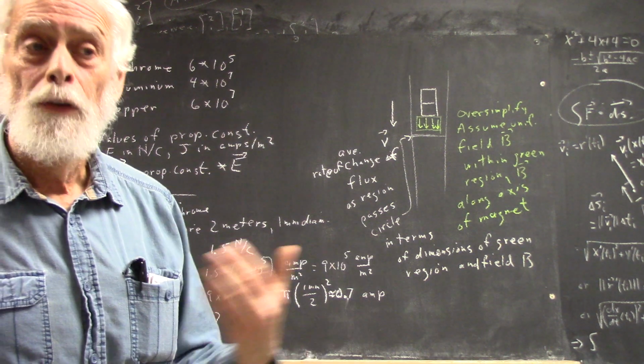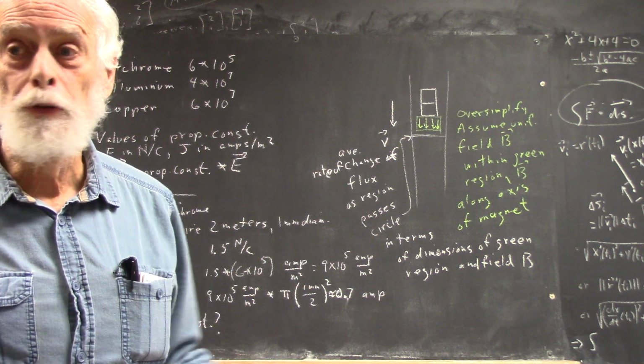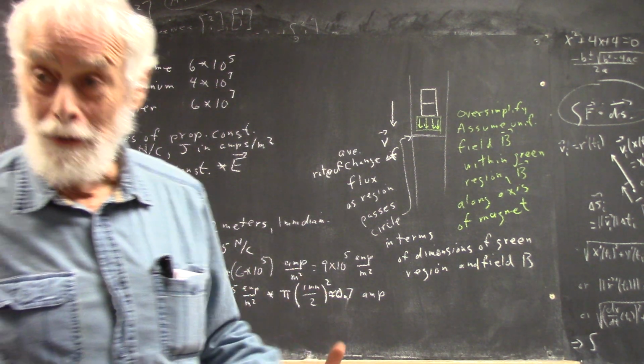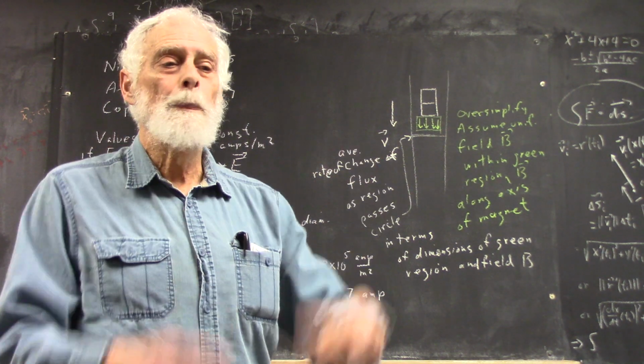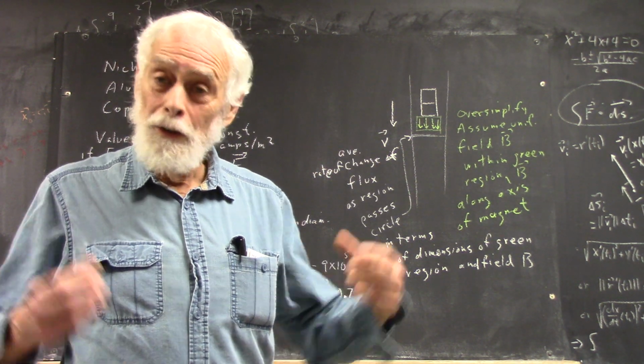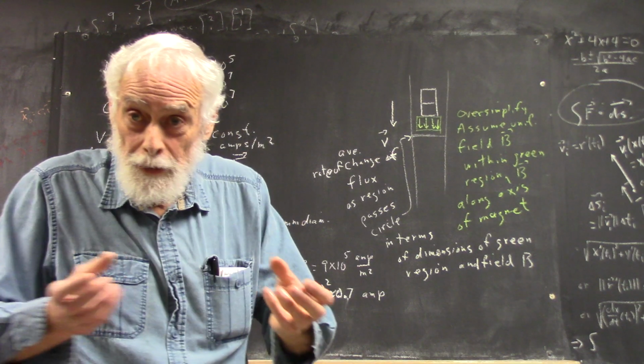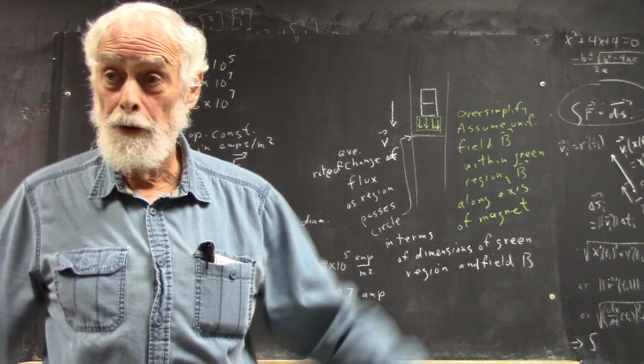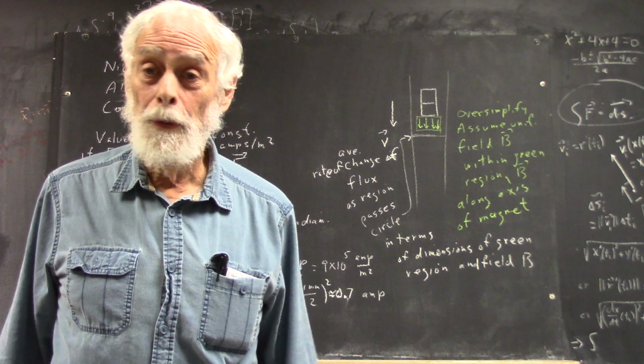Now if you know the current and the number of joules per coulomb, you can figure out how much energy is heating the copper up. Then you get to think about, okay, how does this energy dissipate over the copper and how does it dissipate out into the room? Because we've got to deal with that too.